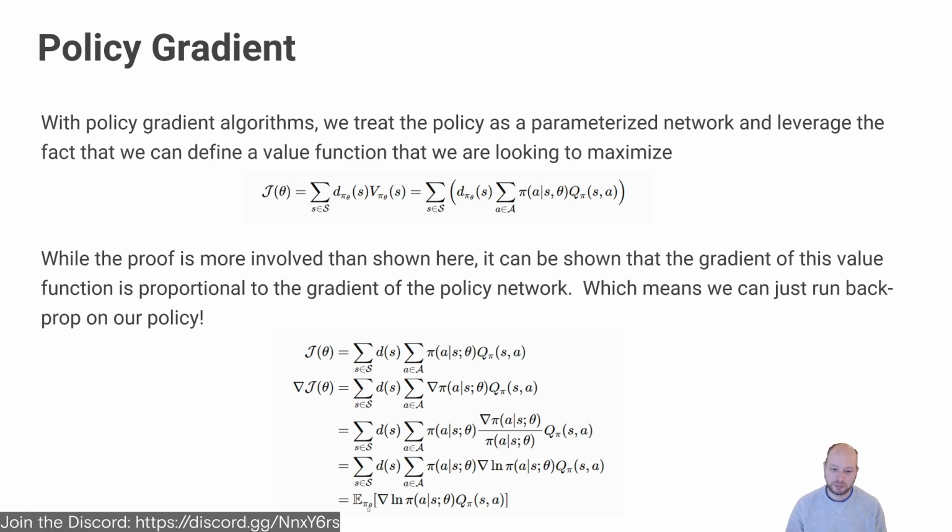And this is a pretty profound thing, right? It's basically saying if we can take a gradient of a policy, then by taking the gradient of that policy, we can actually improve the value function, or improve the expected cost, just by following the gradient of that policy.